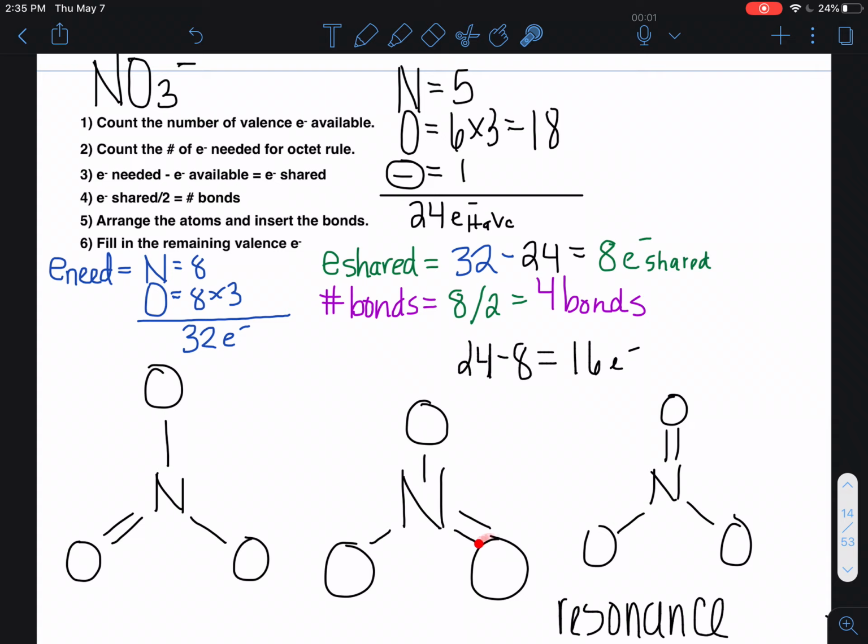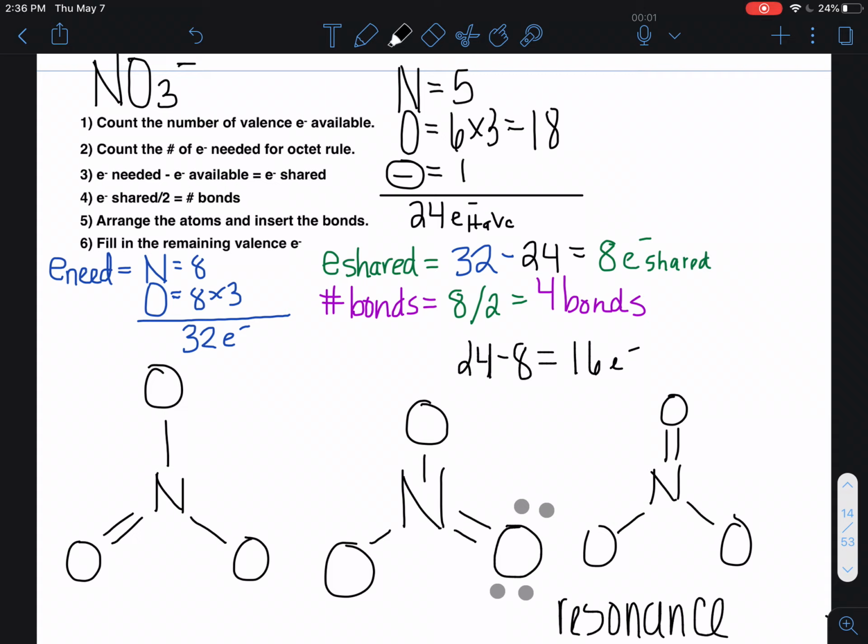Let's look at the oxygen with the double bond, because obviously the oxygen with the double bond has more electrons than the oxygens with a single bond. This oxygen right here, this is driving me nuts. This oxygen right here has 2, 4 electrons associated with it. It needs 8, so I'll just go ahead and give it 4 more. 1, 2, 3, 4.